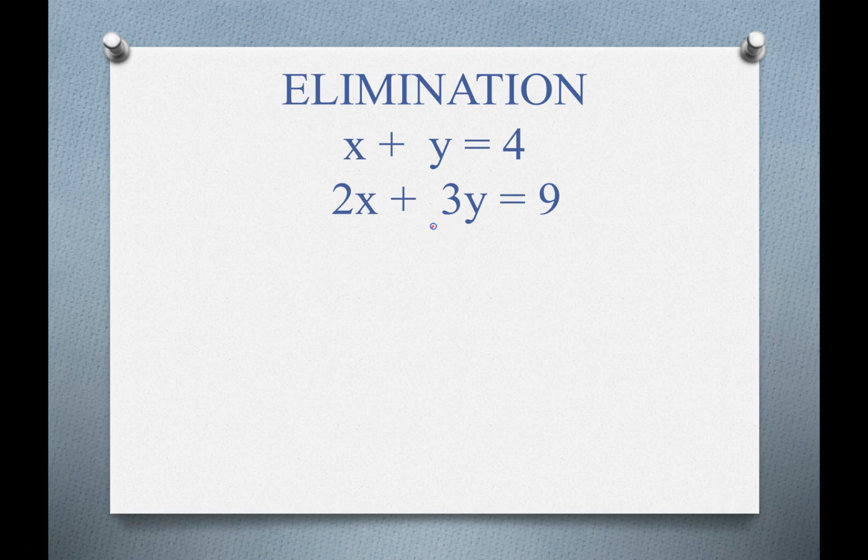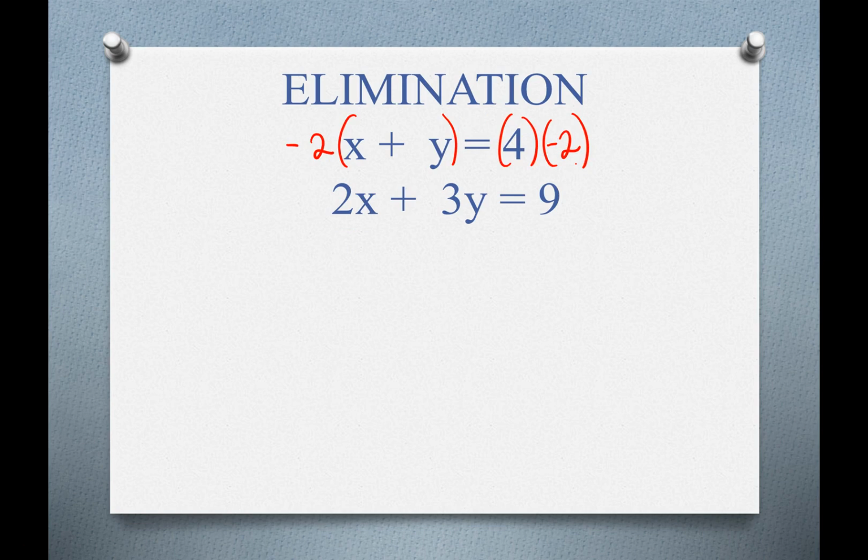You could also say, hey, if I have a 3y here, I want a minus 3y here, so you can multiply that whole top by negative 3. Honestly, either works, but let's go ahead and try to get a cancel with the x. So I'm going to multiply everything here by negative 2. And don't forget your parentheses.